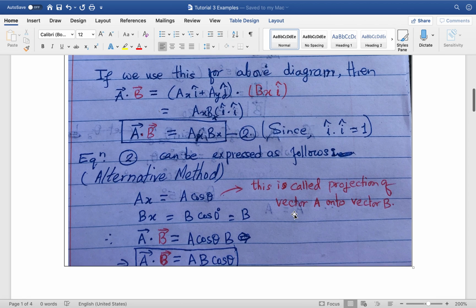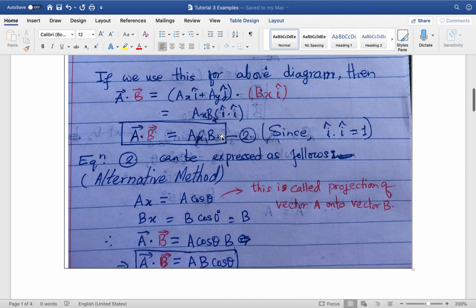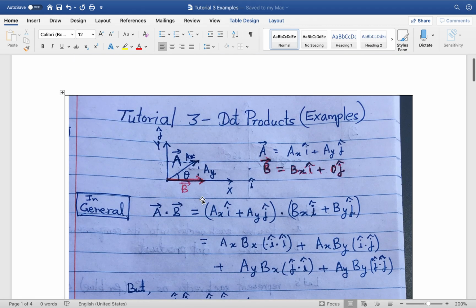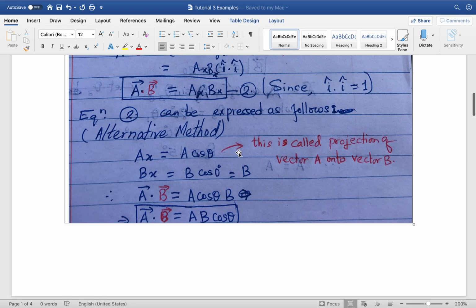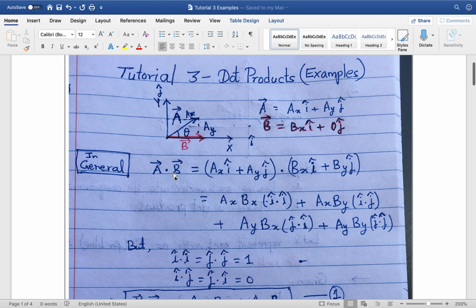Okay, this equation 2 can be expressed in another way. So this is an alternative method. Let's say ax equals a cos theta, right? If you go back to the diagram here, this vector a is making angle theta, so we can write ax as a cos theta. But b is really only towards the i hat direction, so b cos 0 degrees, right?